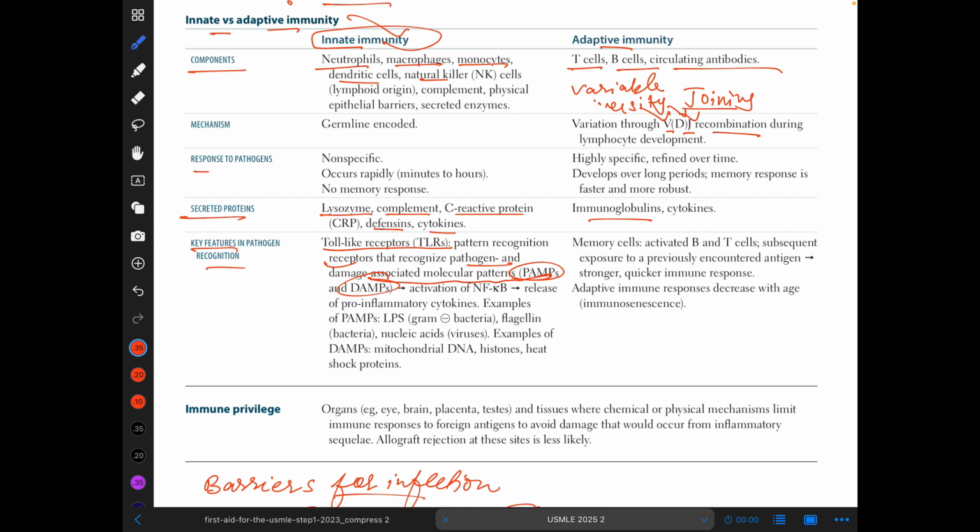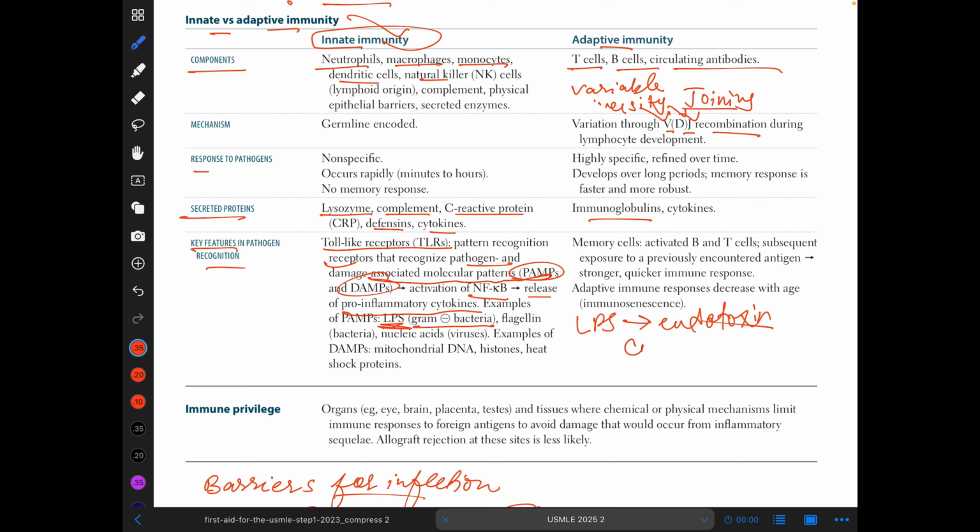By this, there is activation of NF-κB, and by this they will release pro-inflammatory cytokines. We have an example of lipopolysaccharide. In gram-negative bacteria, we have lipopolysaccharide, which is an endotoxin.